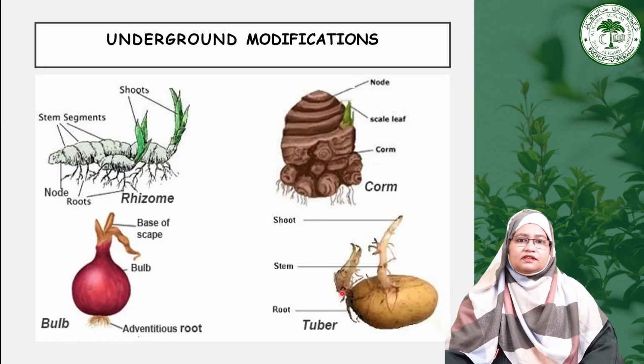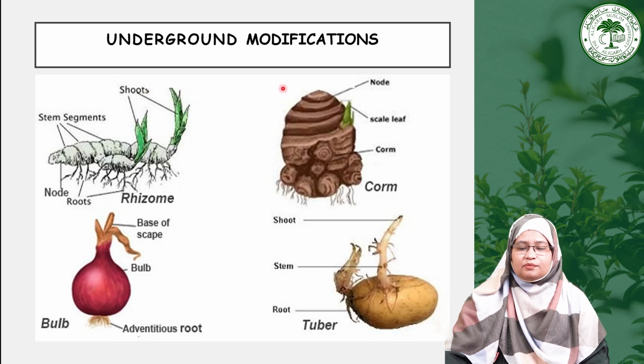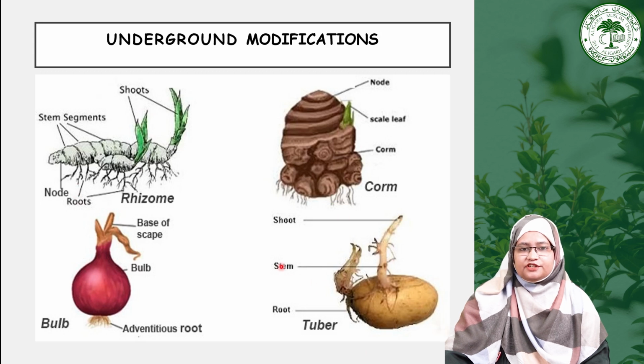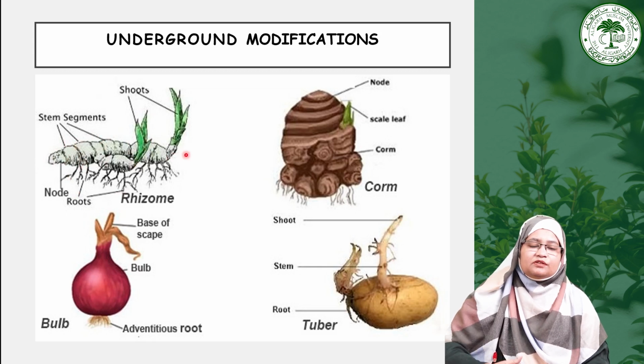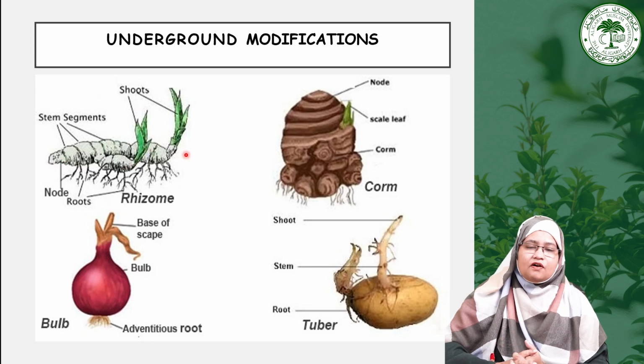Here you can see the list of the underground modifications: the rhizome, corm, bulb and tuber. These are all stem modifications that are below the soil. As you can see, the first one is the rhizome. These are the nodal regions present in this plant, and the rhizome is an underground stem that grows horizontally.